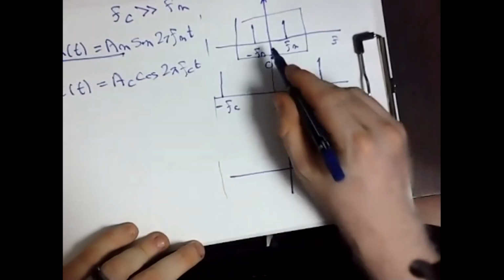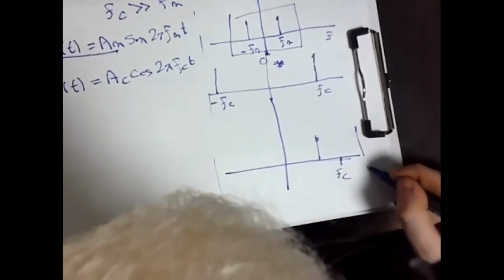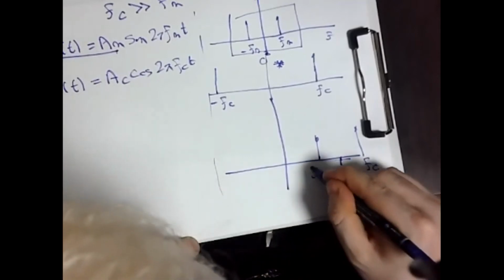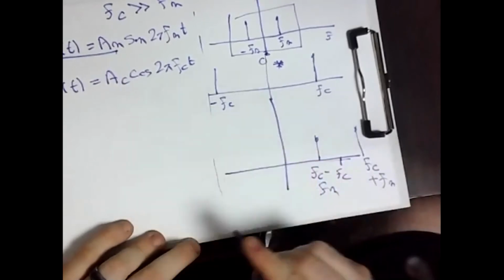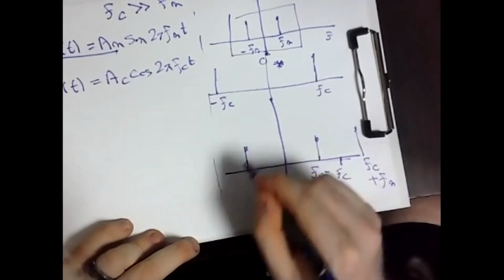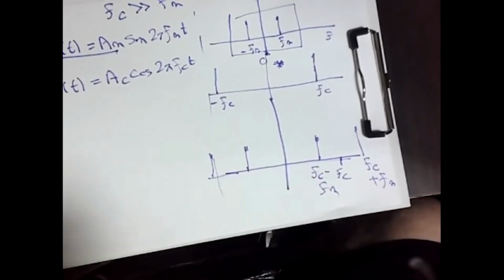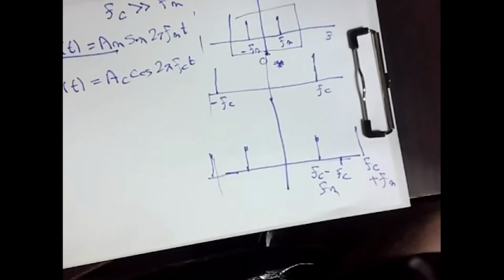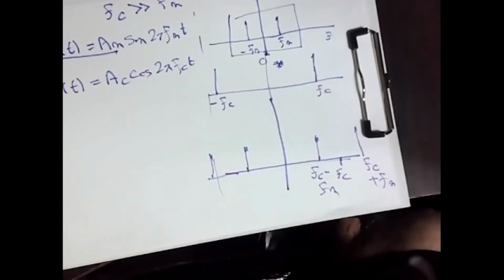Now the center is not 0, the center is FC. So this is FC plus FM, and this is FC minus FM. And in a symmetric way, you will have these two dots. So this is a very simple manner to make such a convolution process in frequency.